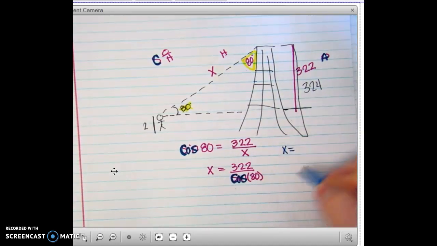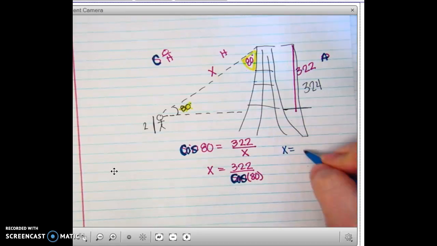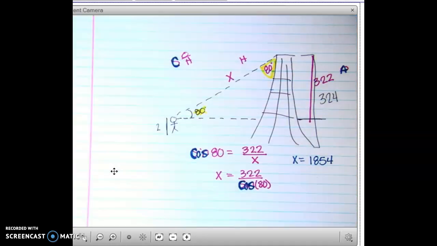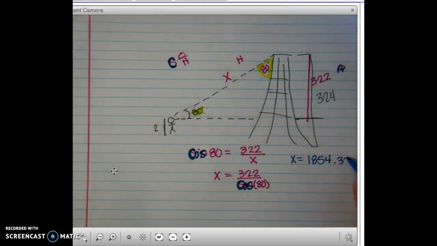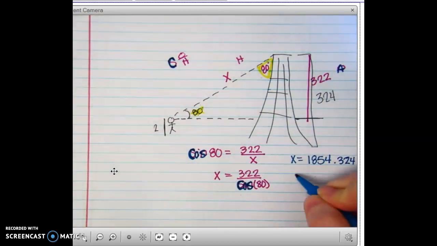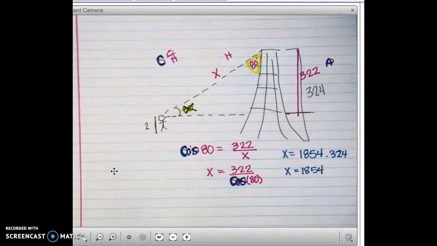So x equals 322 divided by the cosine of 80, which is 1854. Double check that. It's got some decimals like 0.324, but the question rounds it to 1854.